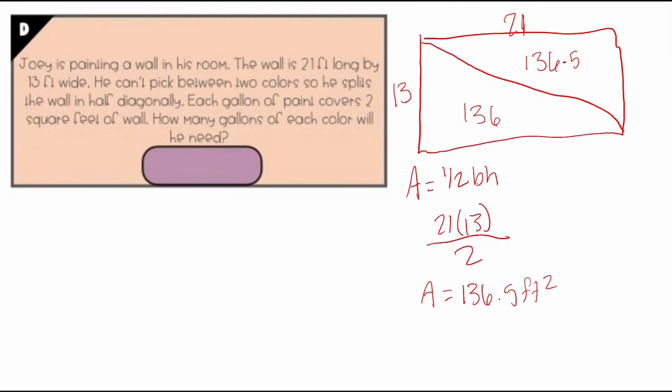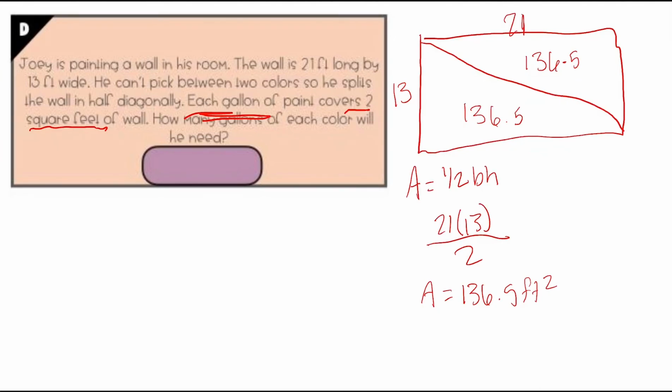So now that means that each half of the wall has that area. So each half is going to need the same number of gallons. So now I know that I have 2 square feet per gallon. So I need to figure out how many gallons I'm going to need of each color. So I'm going to do 136.5 divided by 2.